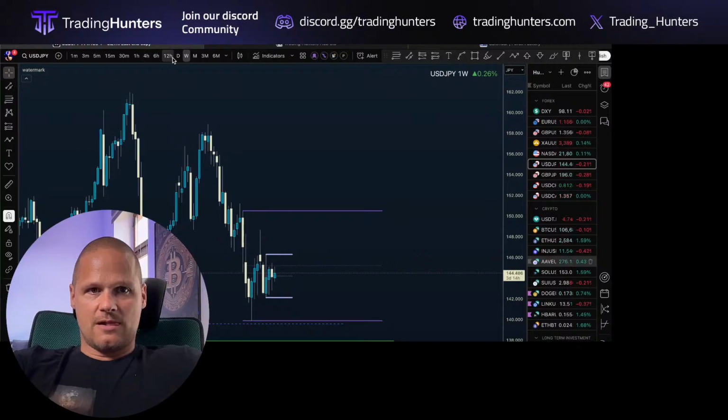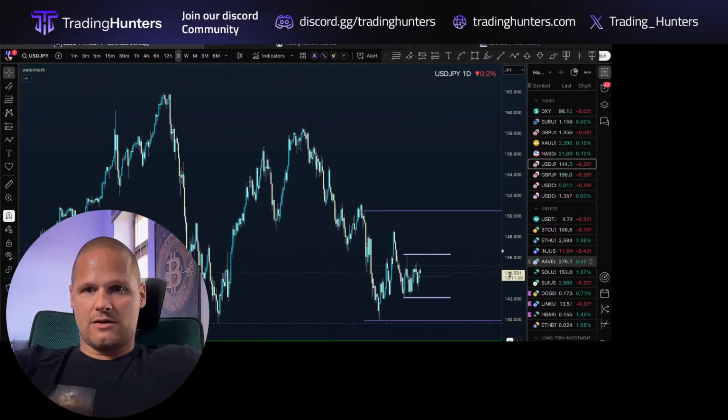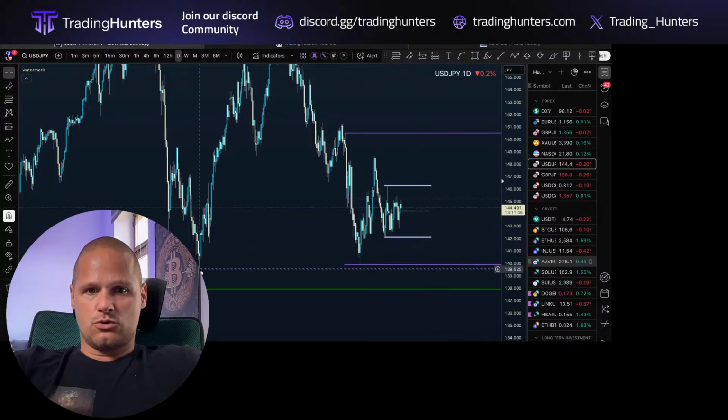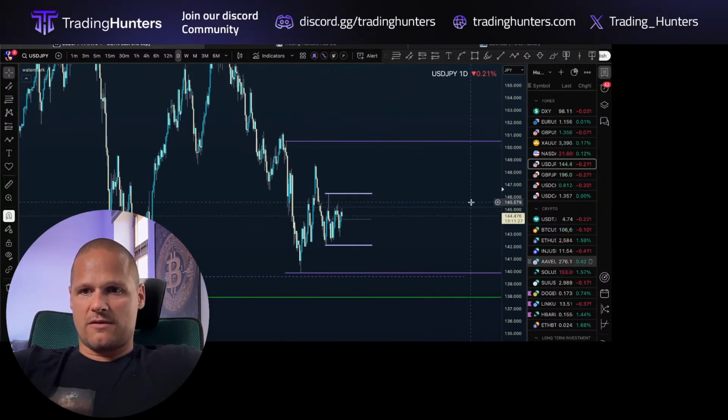So you can draw this weekly range and set up an alarm here, because it looks to me like we will go for these two lows. But I do not want to short here. I would like to short here. So I've got an alarm, and currently this market is not interesting for me.